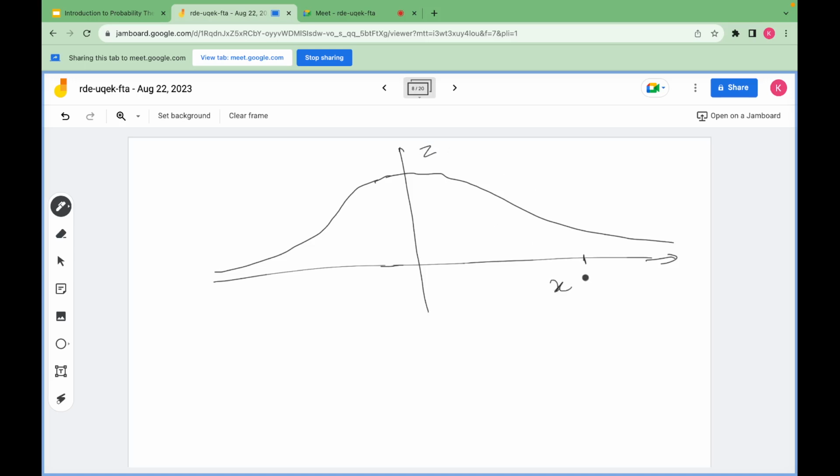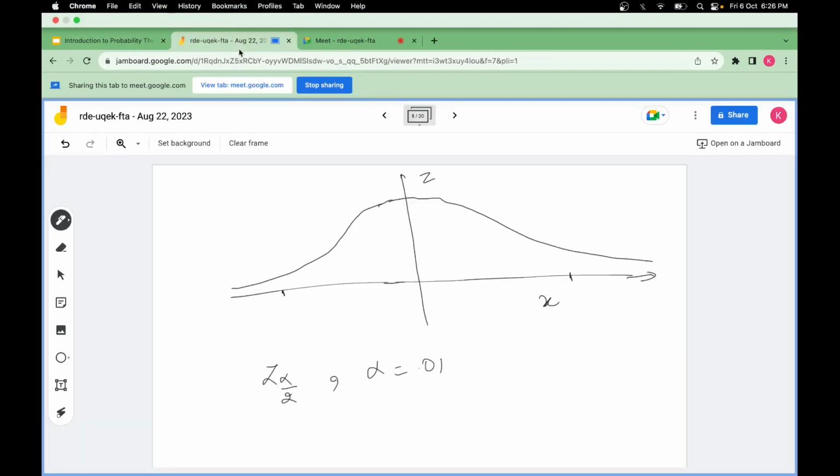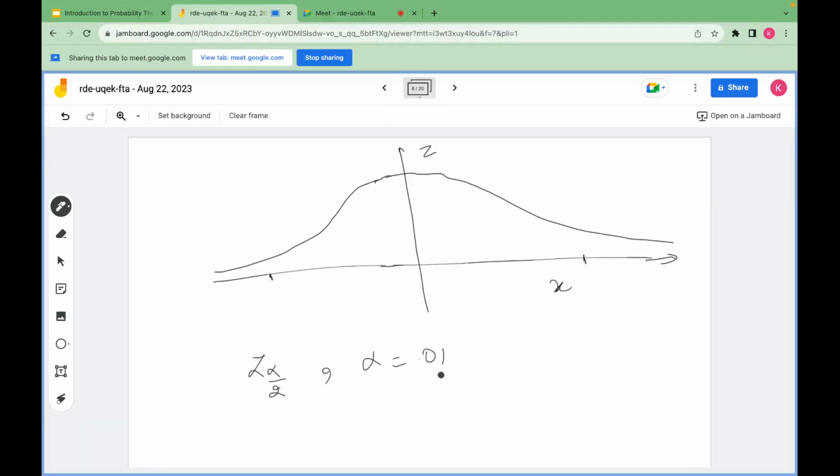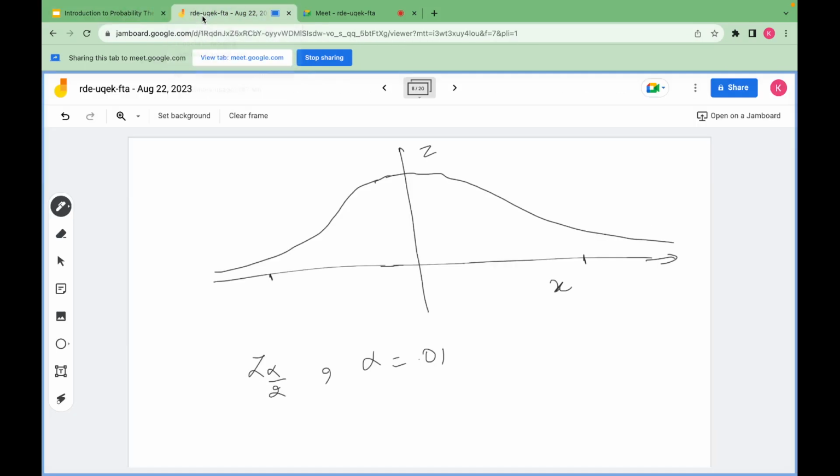So we need to calculate, this is a two-tailed test, so we need to calculate the z alpha by 2 value. So this alpha is given 0.01, I need to check. Okay, I think there is some mistake.